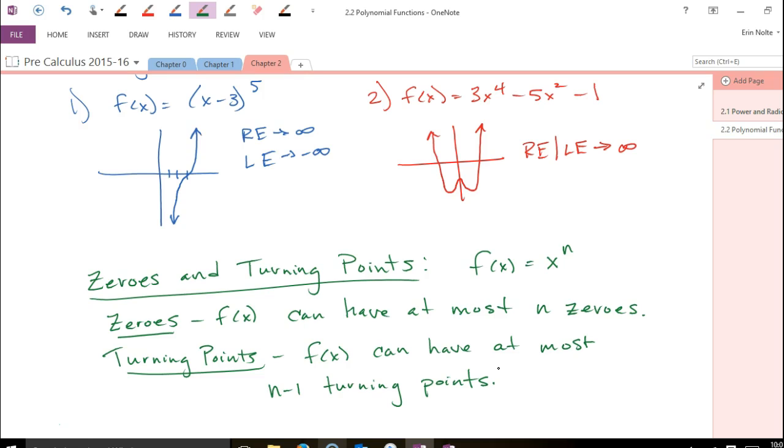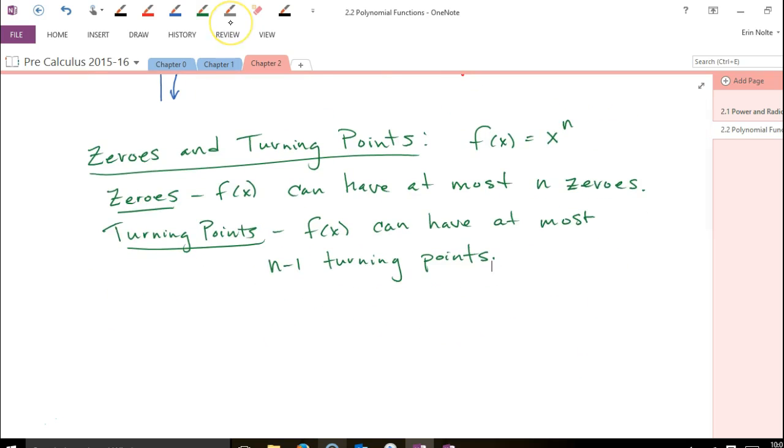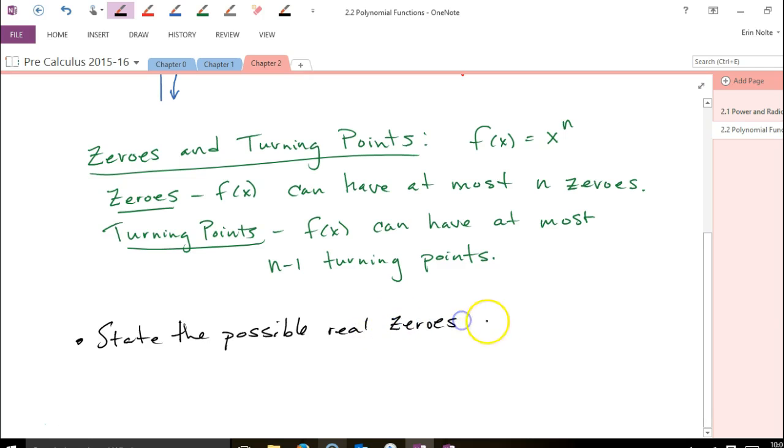Okay. Does that kind of make sense for those? Okay, so here's what they're going to do. They're going to say, state the possible real zeros and turning points, then find them.